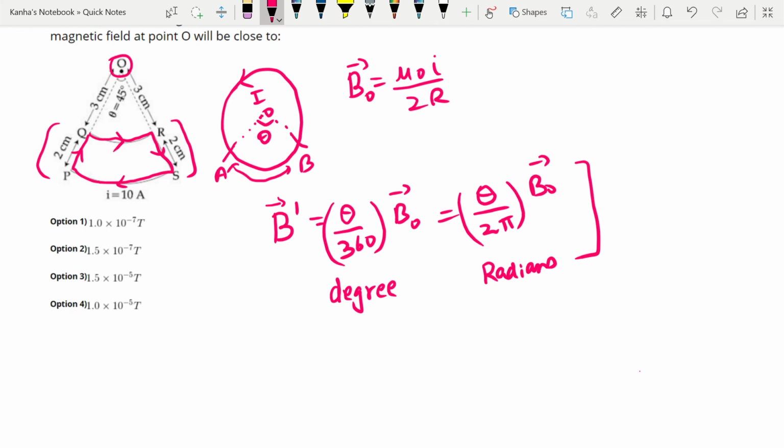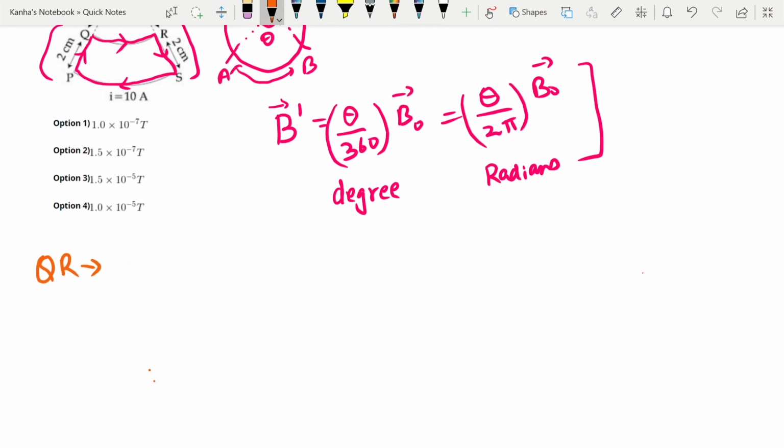Next, we look at the segment QR. Due to the segment QR, I can write the magnetic field, let's say B1, as mu naught by 4 pi into pi by 4 into I divided by R1.